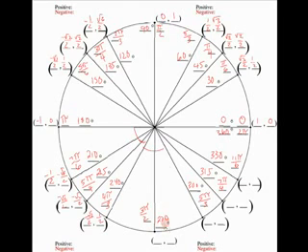Okay. Continuing on. 0, minus 1. And our last fourth quadrant, all the x values are positive. So positive 1/2, positive root 2 over 2, positive root 3 over 2. Now all my y values are negative. Negative 1/2, negative root 2 over 2, and negative root 3 over 2.